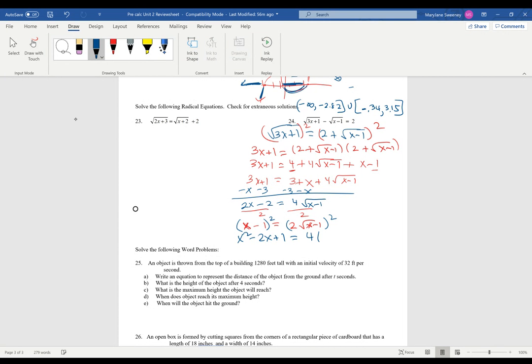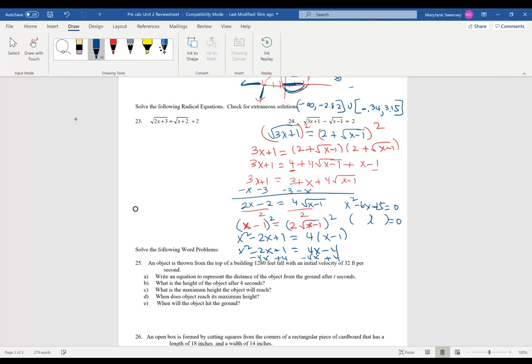2 squared is 4. The radical squared is x minus 1. So this is x squared minus 2x plus 1 equals 4x minus 4. Move everything to one side. We'd subtract the 4x. So that'd give me a negative 6x. And we'd add 4. So that'd give me plus 5 equals 0.